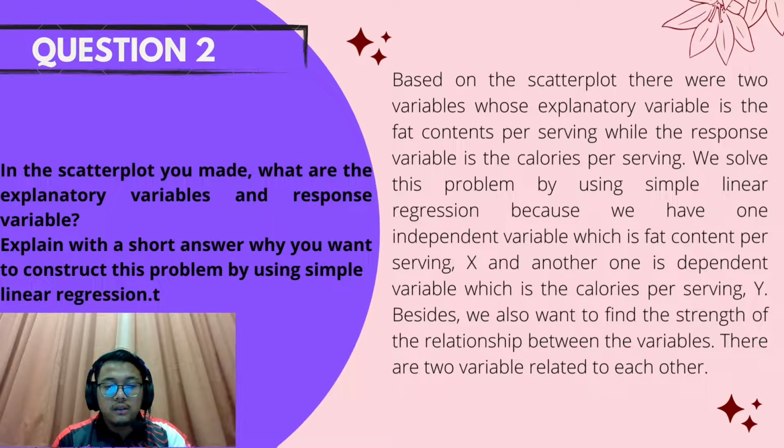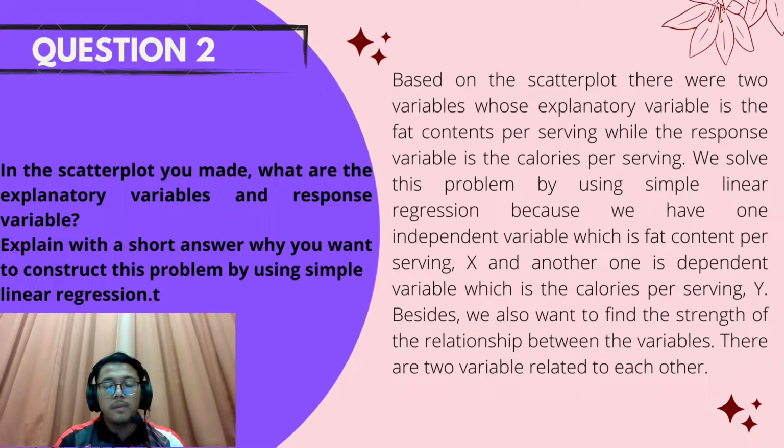The answer to this question is based on the scatter plot. There are two variables, where the explanatory variable is the fat content per serving, while the response variable is the calories per serving.